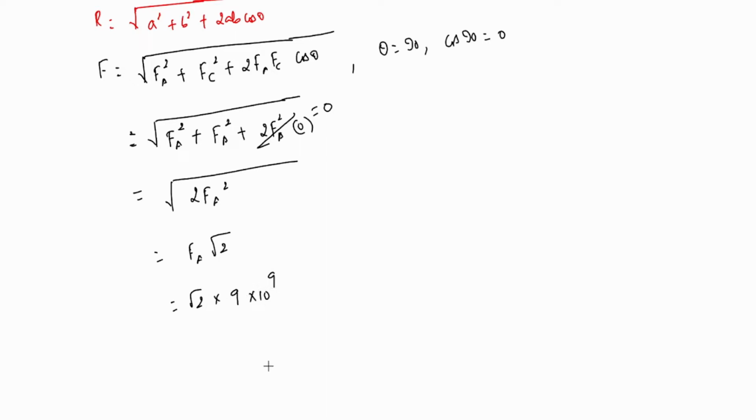That is what would be the value, and 9 into root 2, solve and see it, that is equal to 12.727 into 10 power 9 Newton. Shift 1 zero this side, it becomes 1.2727 into 10 power 10 Newton. So this is the resultant force.